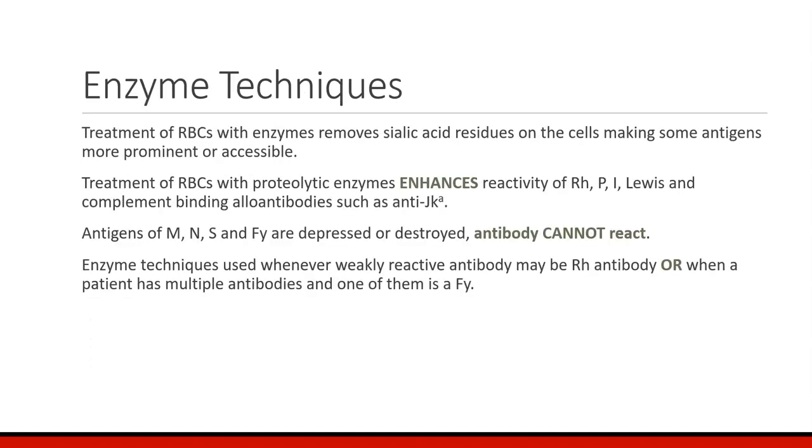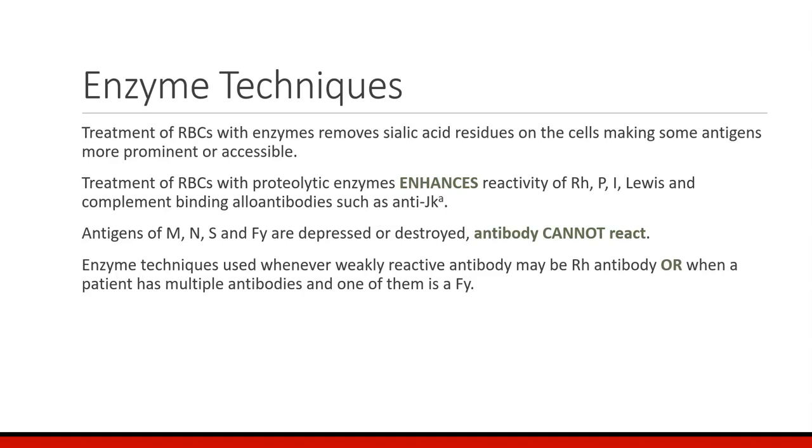Enzyme techniques are one of the most frequently used in the transfusion service when we're having difficulty with identification of an alloantibody. Treatment of reagent red cells with enzymes removes the sialic acid residues on the cells, making some antigens more prominent or accessible.